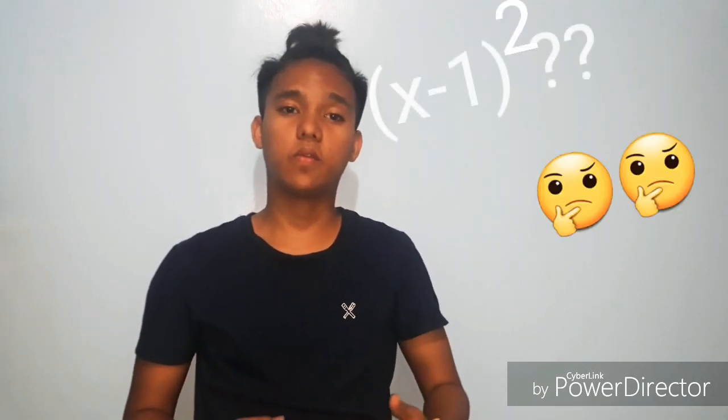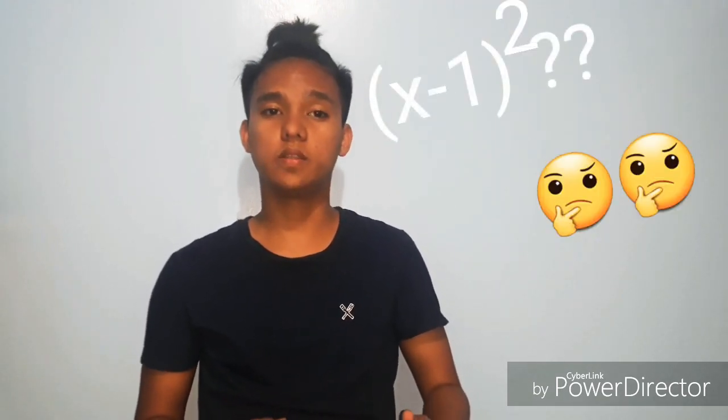What I did is the same as the first example, because the function g is applied to the result of applying function f to x. How did I get the quantity of x minus 1 squared? I used the vertical method.